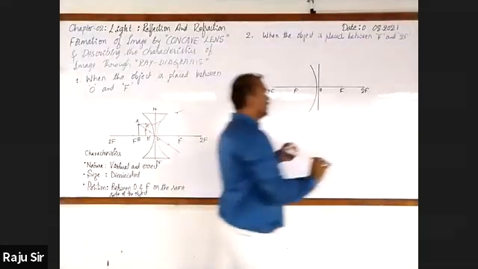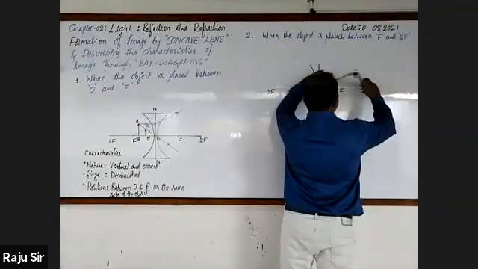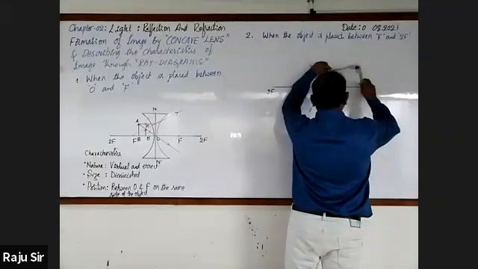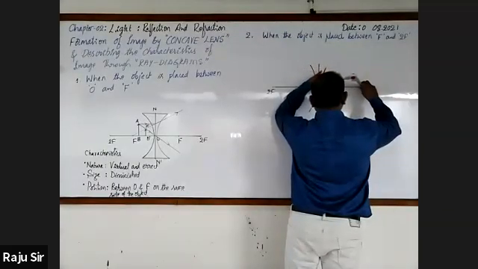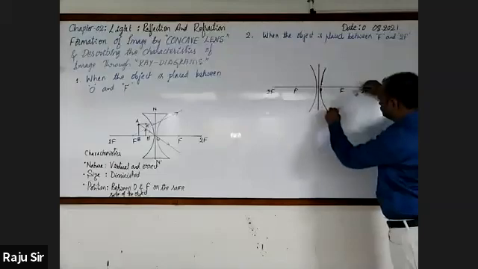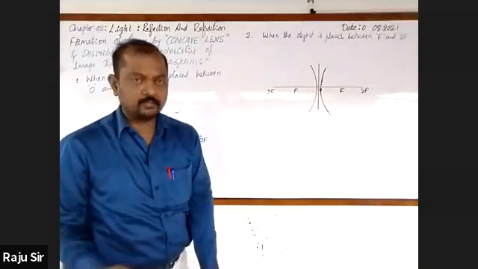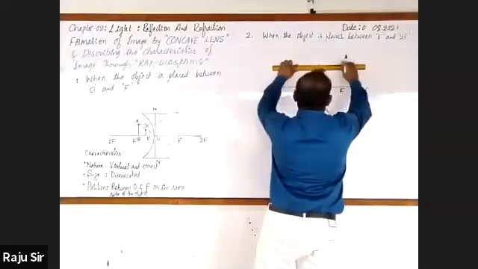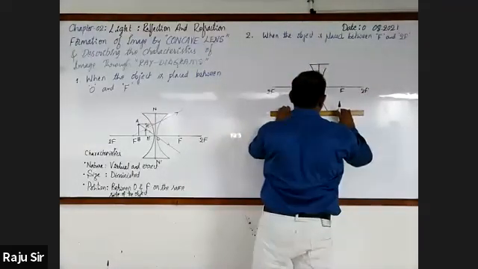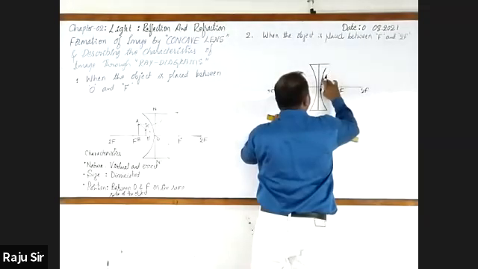And without changing the radius, with the 2F on the other side of the lens as center, draw an arc. This is concave.